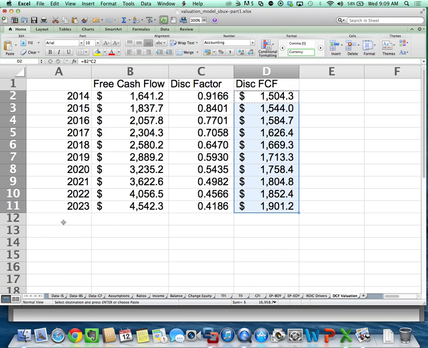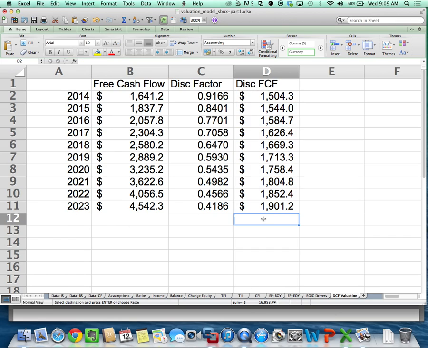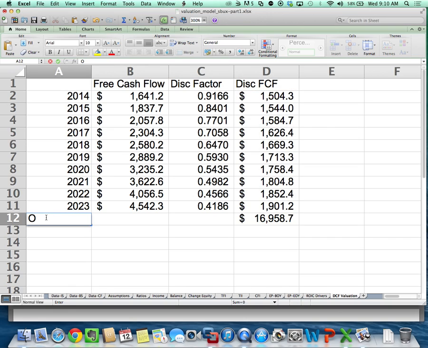So I'm going to sum those, and that's going to give me the operating value for the first 10 years of Starbucks. So that's how much value they're creating by people coming to their stores, buying their products for the next decade. Again, assuming our financial statements come true.